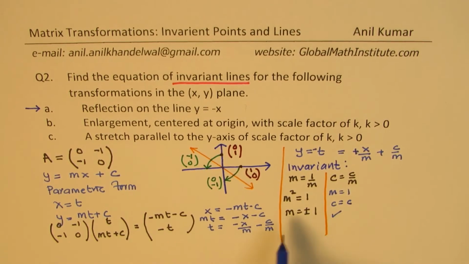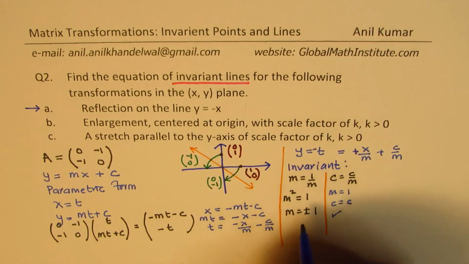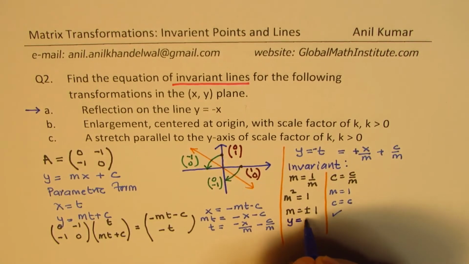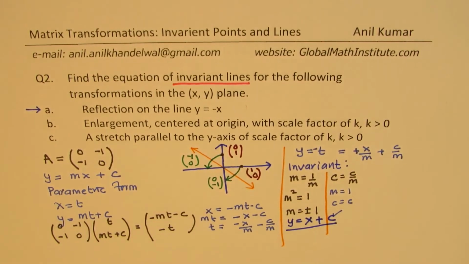So if m is 1, then c is c. So that means the line y equals x plus c is an invariant line, right? So that gives us an equation y equals x, because m is 1, plus c, right? So that is one invariant line. Good.